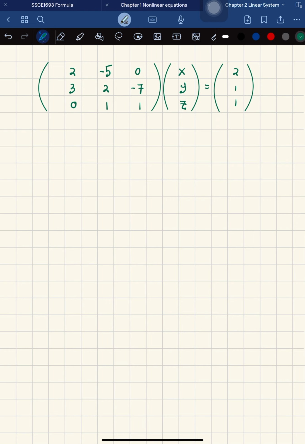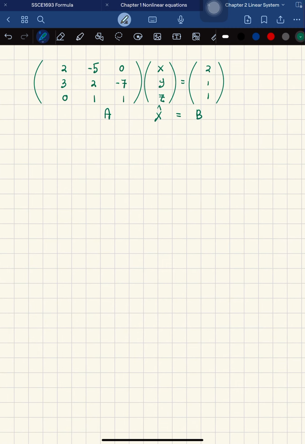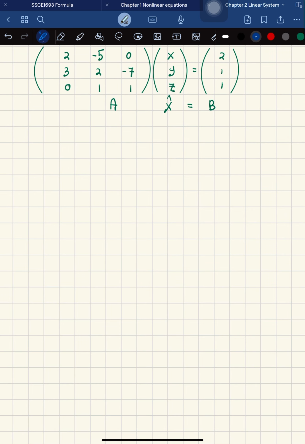Okay, so this is from the equation. So this is matrix A, AX equal to B. The first step is what you need to do.